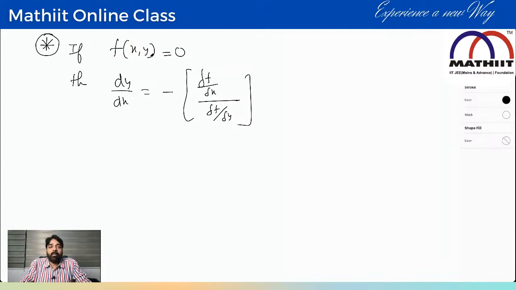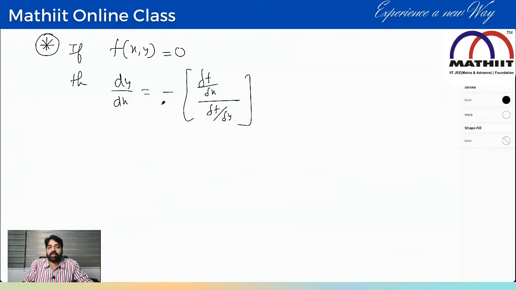Here f of x, y is an expression which contains both x and y. So dy by dx equals minus of del f by del x divided by del f by del y, meaning differentiation of f with respect to x divided by differentiation of f with respect to y.